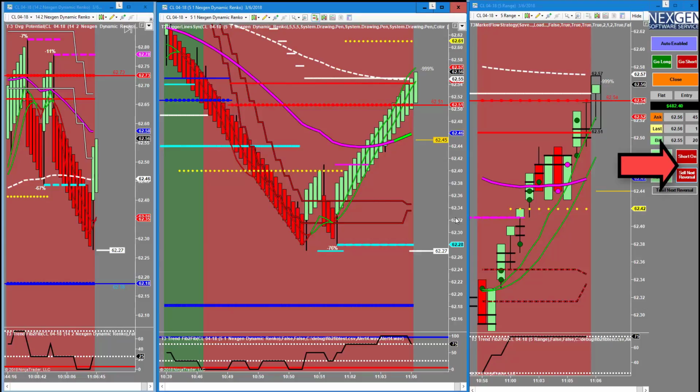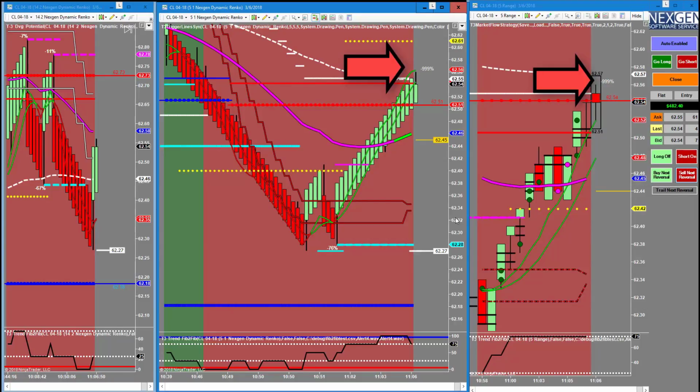But you'll notice at the top of both of our charts, the 5 range and 5-1, we've got really high divergence number 999. That's as big as they get. So not only do we have the most perfect look you can possibly get on our big chart, which is both of our triggers trending down really hard, we've got the last area right to the 14.2 reversal bar marker, and we have divergence potential on both of our small charts.